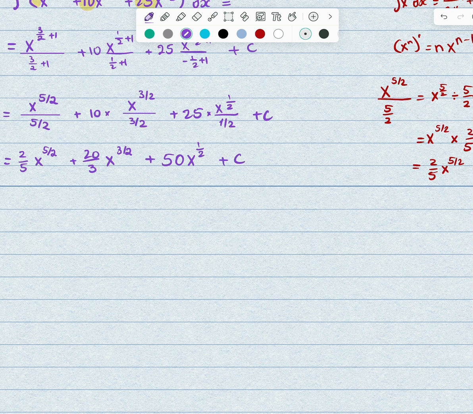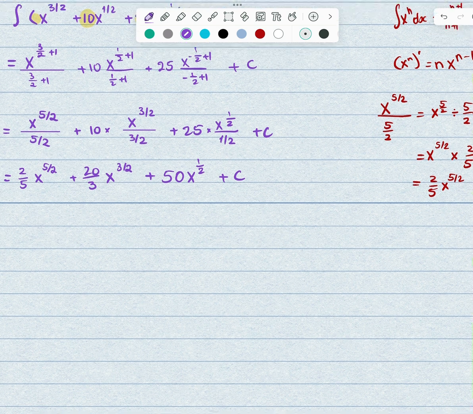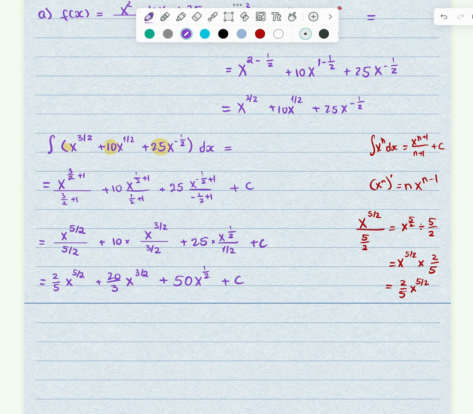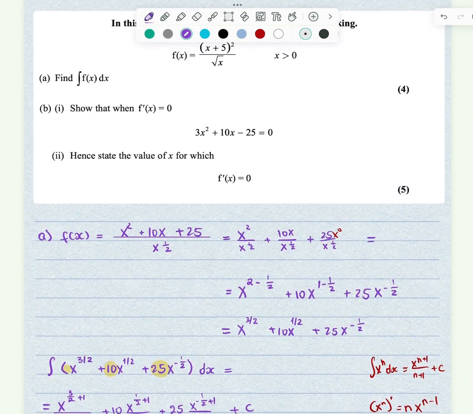So 2/5 x to the power of 5/2 plus 20/3 x to the power of 3/2 plus 50 x to the power of 1/2 plus c. So that's pretty much done for part A.